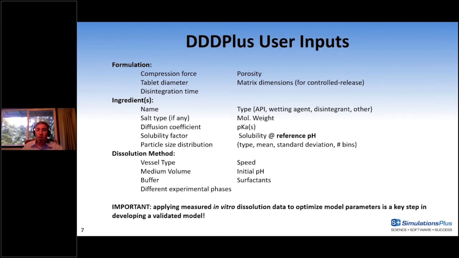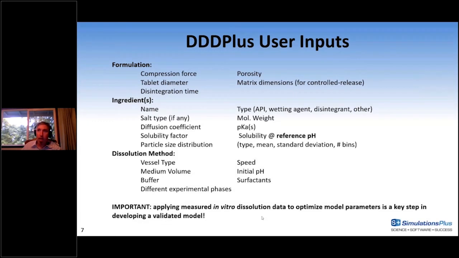Then you can use it to extrapolate to other scenarios. Of course, we don't have mechanistic models for how things like ribbon density in the granulation process or wet granulation parameters affect dissolution. So there is a calibration step that occurs when building these models in order to match in vitro data.